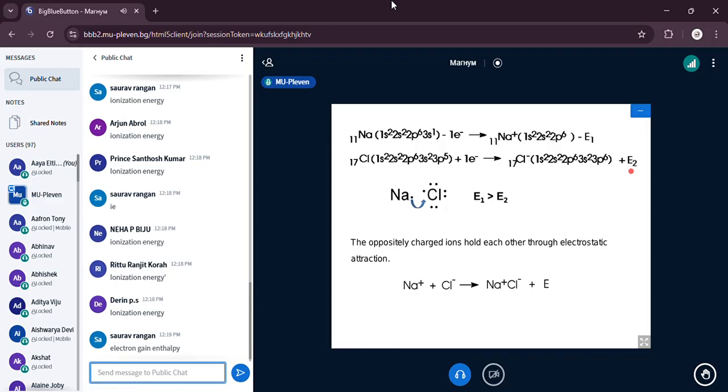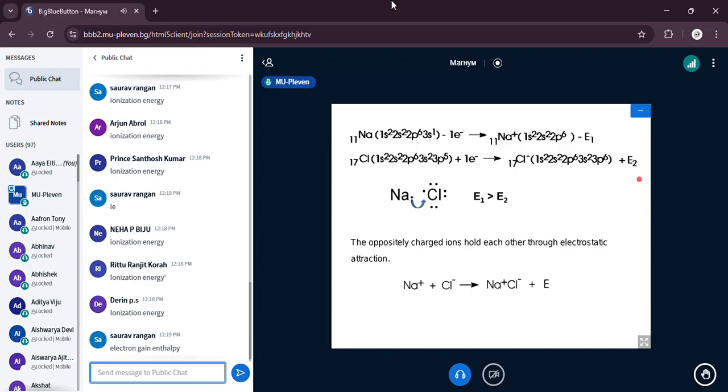So at the second process, energy is released according to the sign you can see. But the problem is that E1 is greater than E2, which means the energy needed for removing the electron is larger than the energy released.